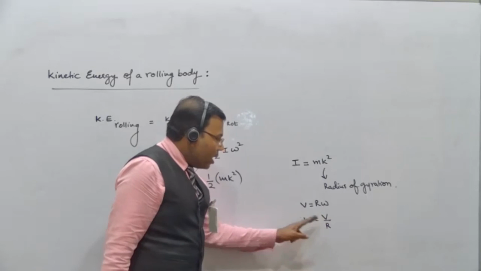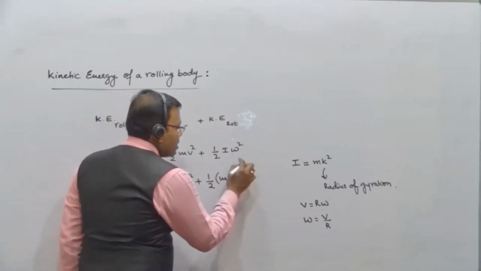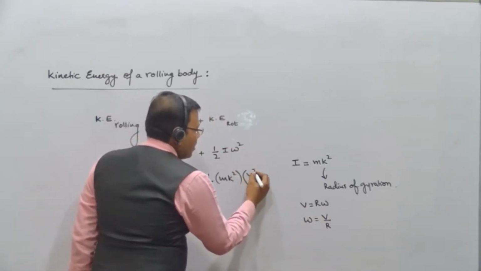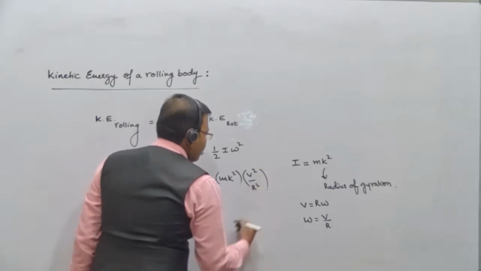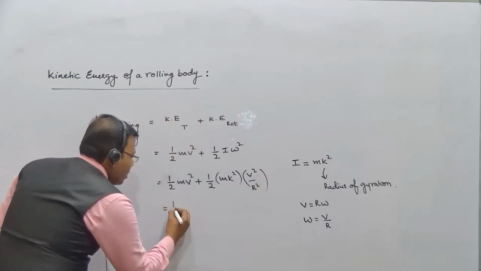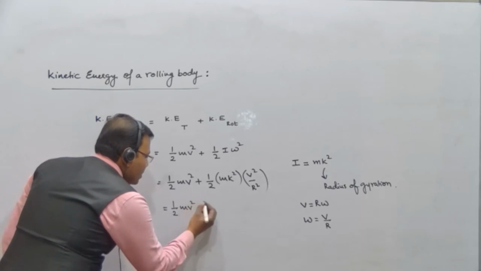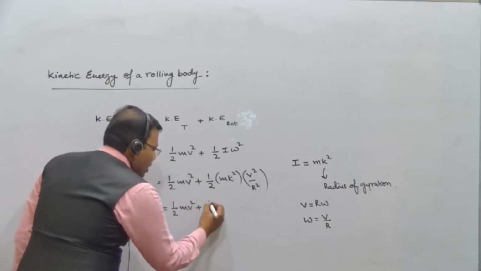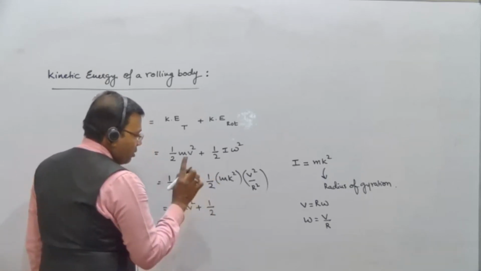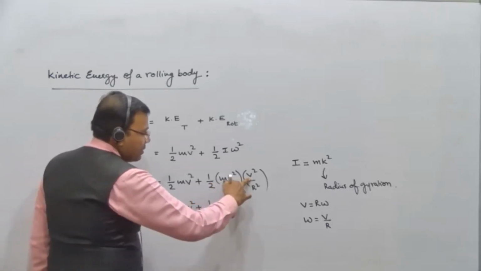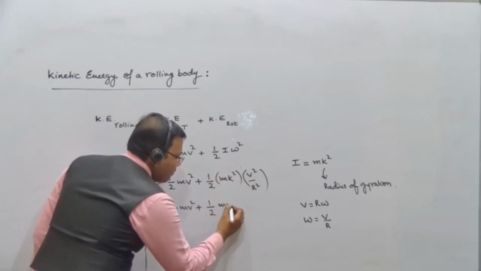So that v by r I'll write here, this is omega square, so it is v square by r square. Now students, 1 by 2 mv square plus this 1 by 2, I'm writing in order, try to understand. This is m and here it is v square. So therefore I will write here mv square.